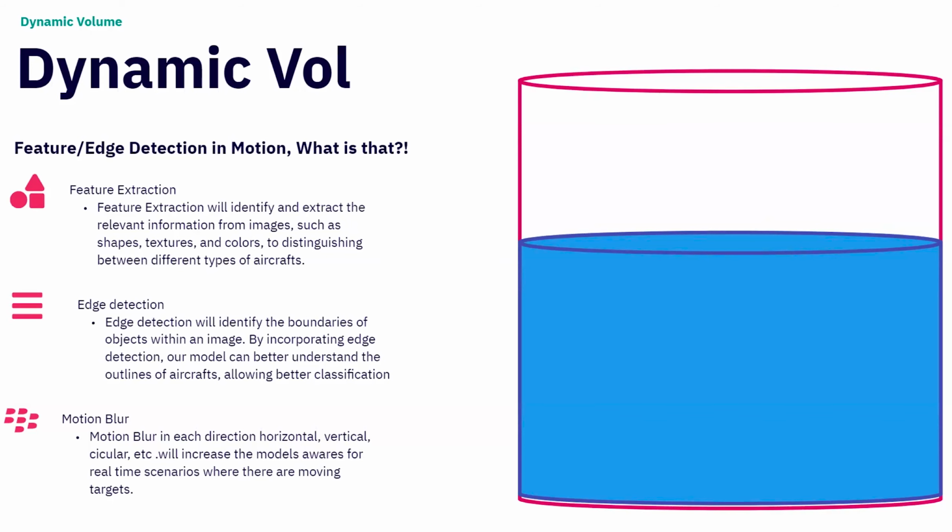And with the feature extraction, which I'll explain in some of the later slides, I used a feature detection algorithm, which is called Shi-Tomasi, to do some extraction of any shapes and textures of something that might be an object in free space. And then also some edge detection so you can get a better outline of what the aircraft or air vehicle actually is. And then, as I mentioned, the motion blur, and I did that in a couple different directions just to give some more variety and conditions for the data.